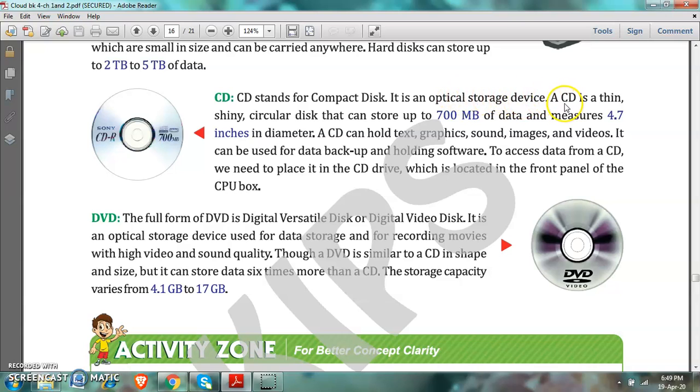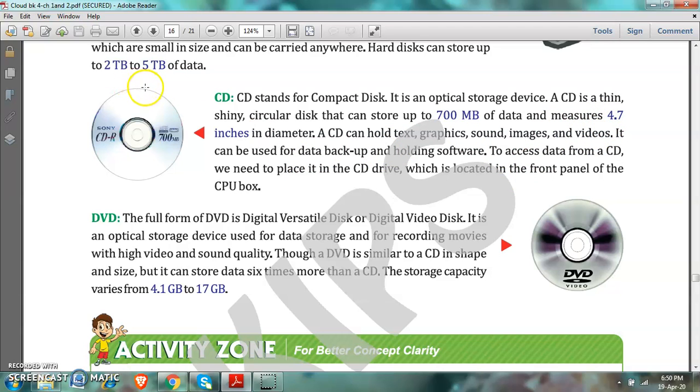A CD is a thin, shiny, circular disc that can store, as the highest limitation of storing data in a CD, up to 700 MB. So the data storage capacity is up to 700 megabytes, and it measures 4.7 inches in diameter.